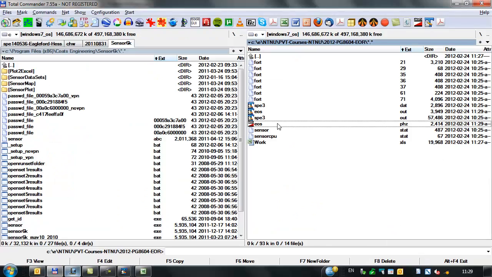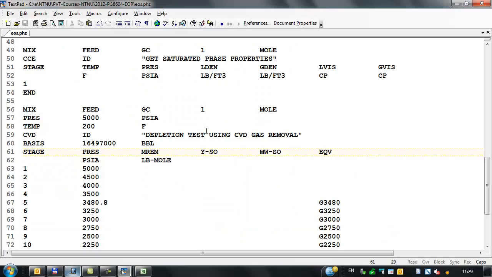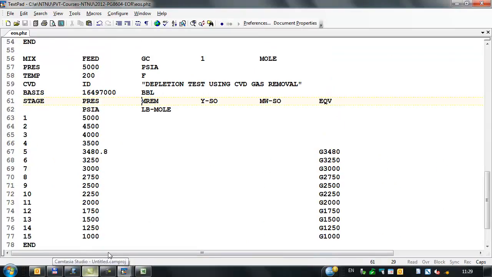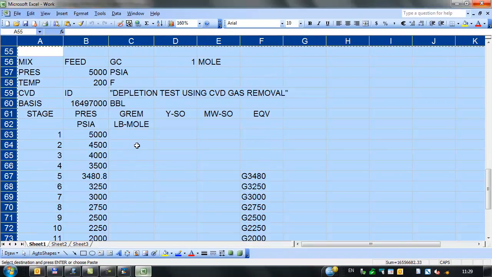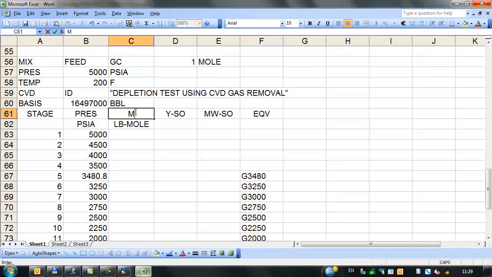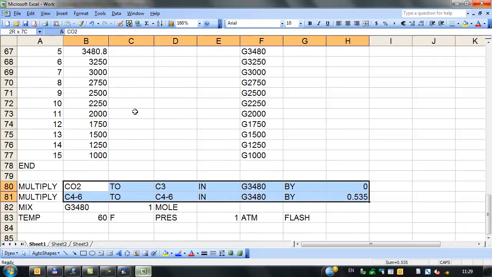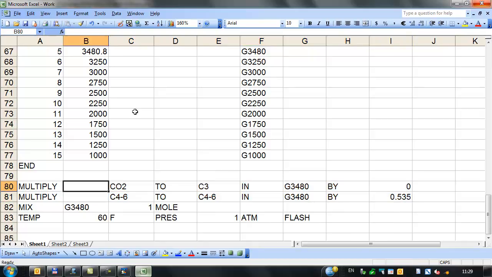Okay, moles. Okay, multiply. I think it's multiply moles.